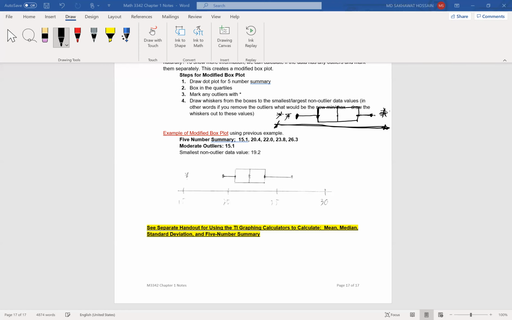But for mutually exclusive events, the probability of A union B means the area of A and the area of B. Now you can see we didn't add anything twice, because there is no common part.